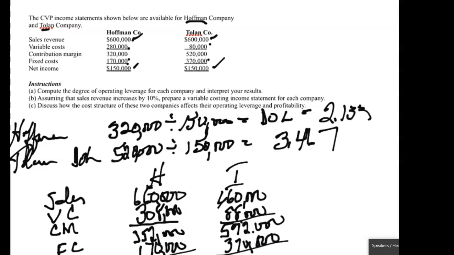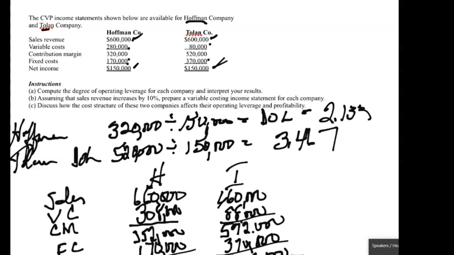And you can see that a 10% increase in sales leads to a net income of $182,000 for Hoffman, so it goes up $32,000. However, for Tolan, it has an increase up to $202,000. So it's gone from 150 to 202.